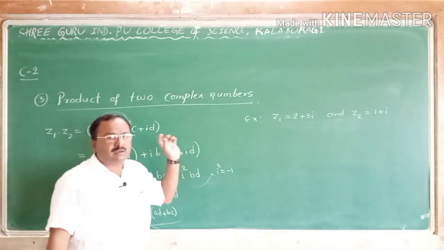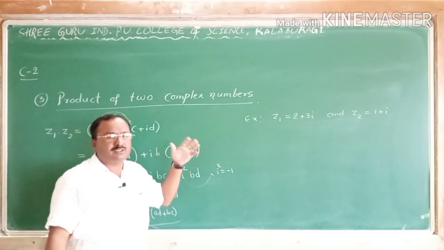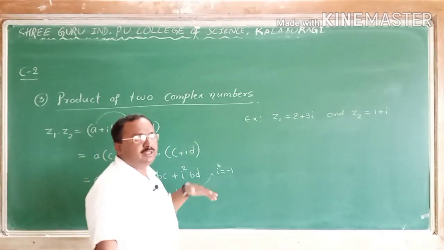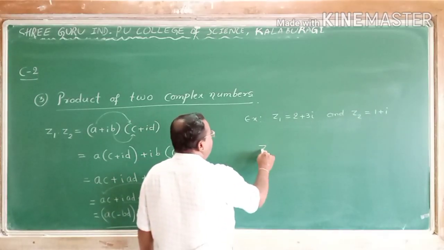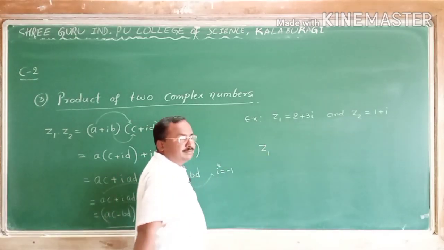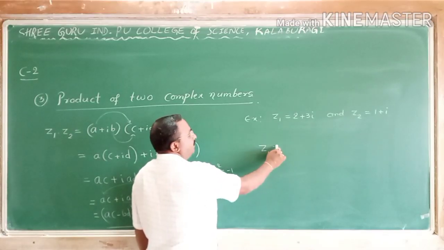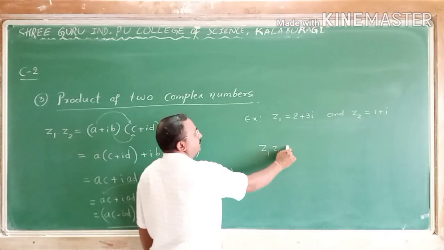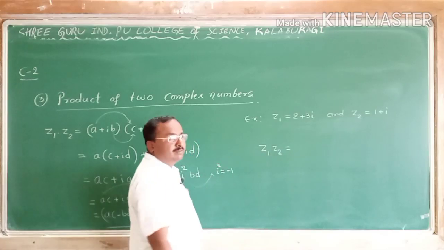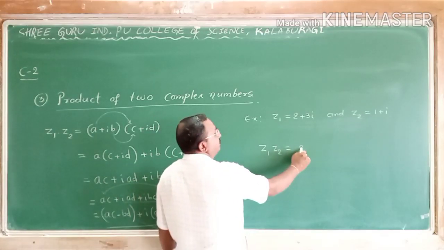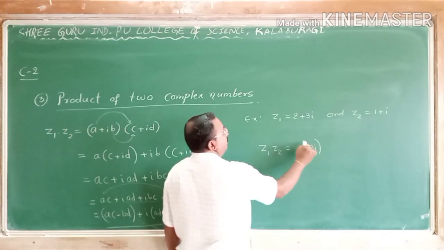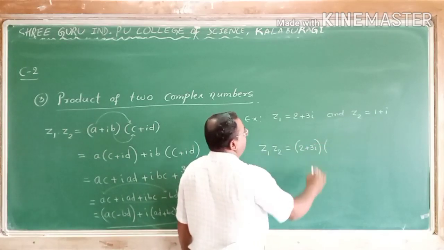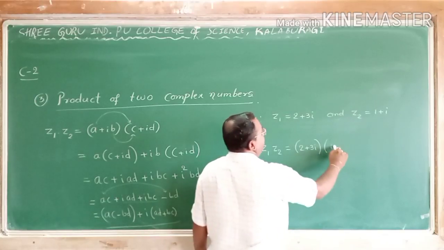This is the basic concept for the addition, difference, multiplication and division with examples. Product is there, z1 into z2 is equal to 2 plus 3i into 1 plus i.